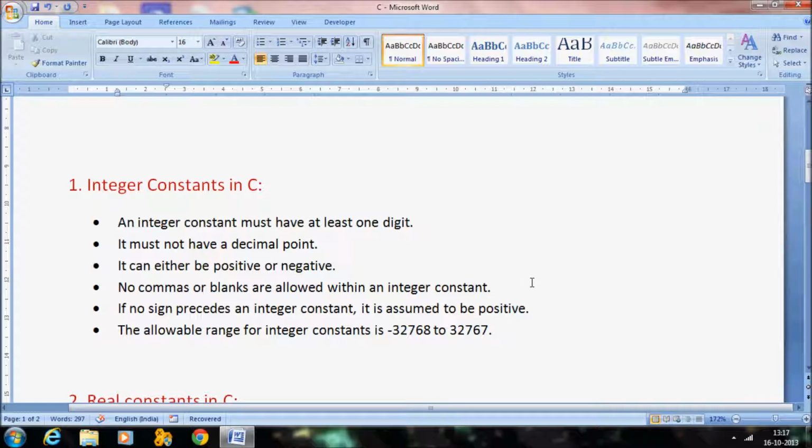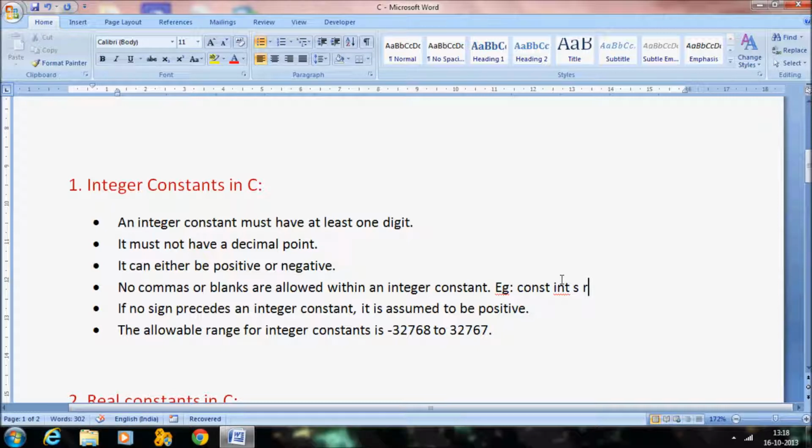For example, const int, let me say s equal to r.